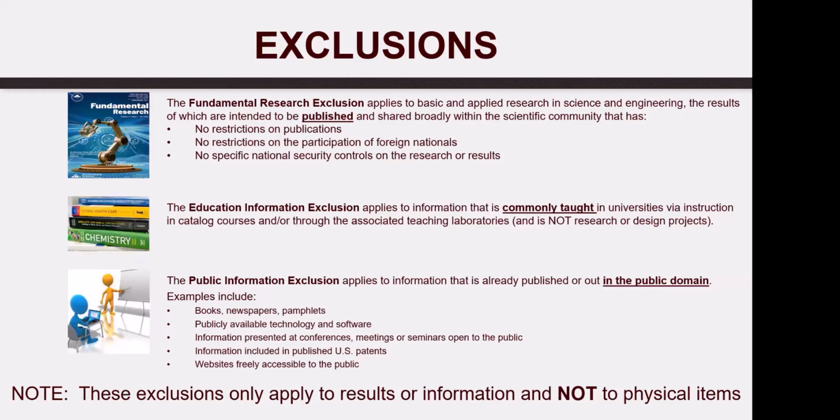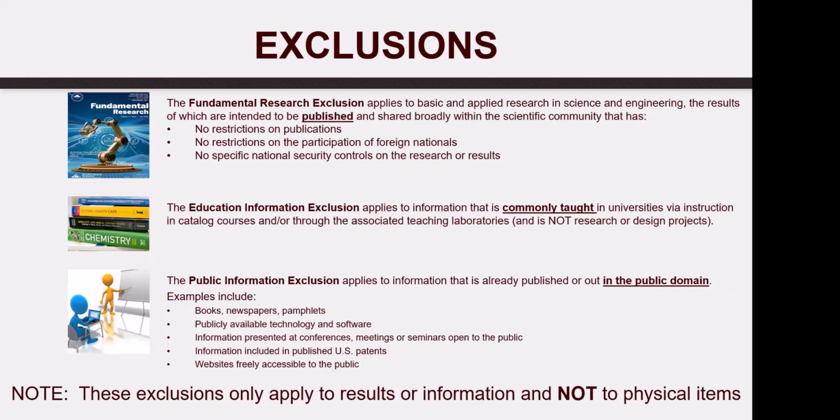The education information exclusion is going to apply to information that's commonly taught in the classroom. So this is going to be something that is advertised in a catalog course or through an associated lab, like a chem lab, and it does not apply to capstone projects or research or design projects. And then the other exclusion applies to information that's already published.